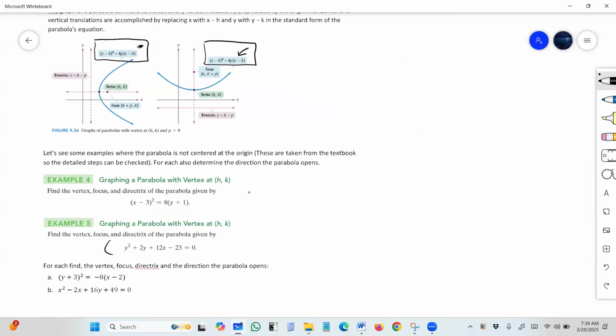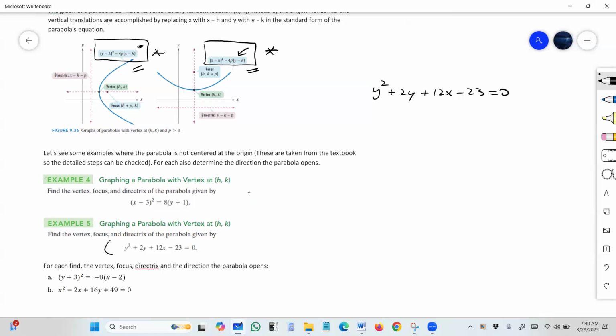Okay, so here's the equation, and notice the equation is not really similar to the standard form as you see right here. So the very first thing that we have to do is go back to this format. And we do that by completing the square.